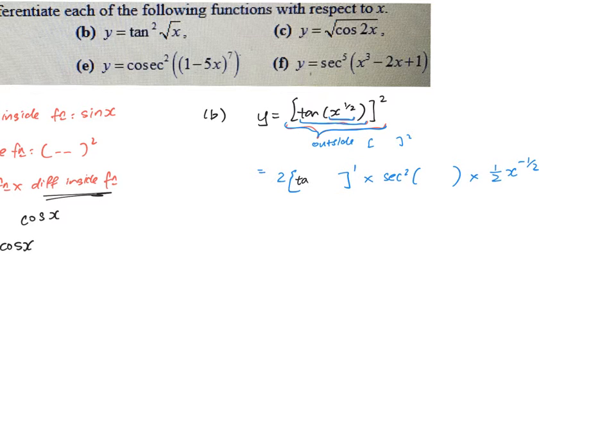So this is 2 tangent x to the power half, secant squared x to the power half. You just remember that we are differentiating layer by layer. I'm going to put everything back in surd form. So this is the same as tangent root x times secant squared root x times 1 over 2 root x.